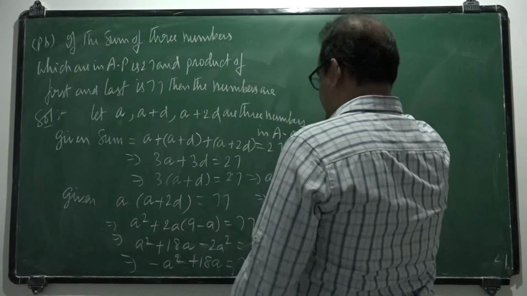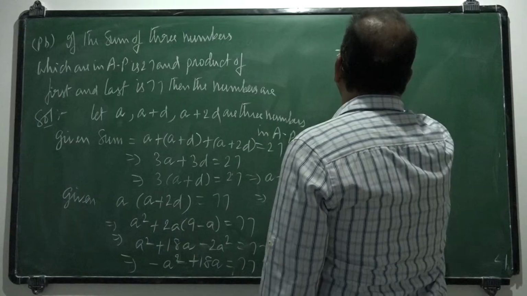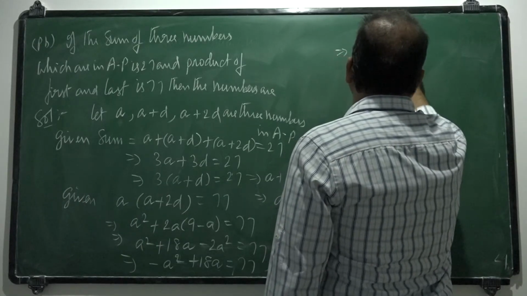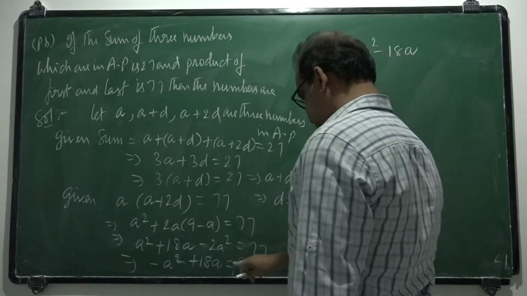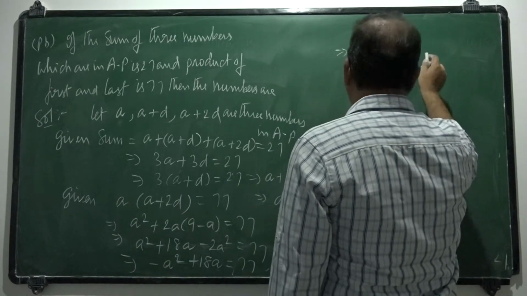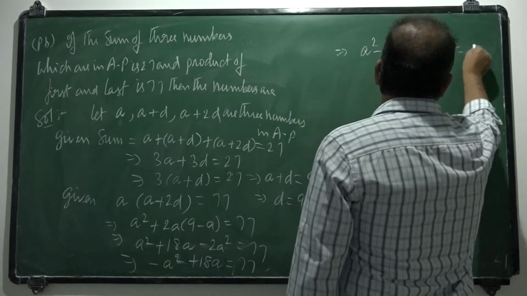Now that equation is taken as a square minus 18a plus 77 is equal to 0.